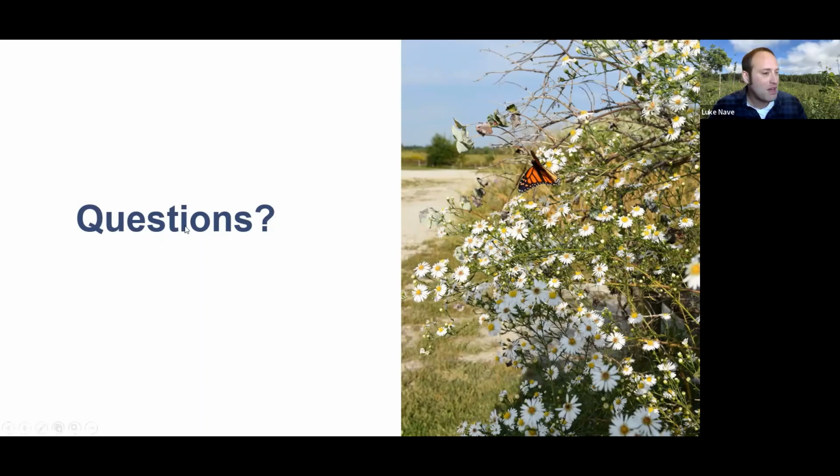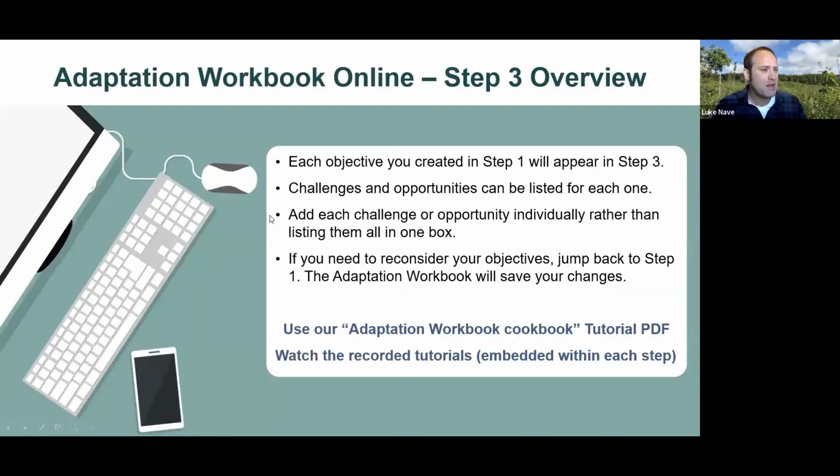All right. Next up. Just an overview of how you do step 3 using the workbook. Every objective that you created in your first step is going to appear in the workbook interface in step 3. So think about the implications of that. If you got objective crazy back in step 1, you're going to have to revisit a lot of things right now.